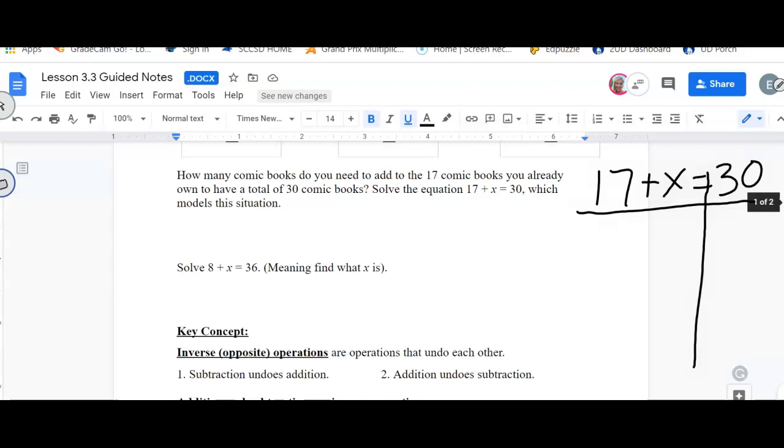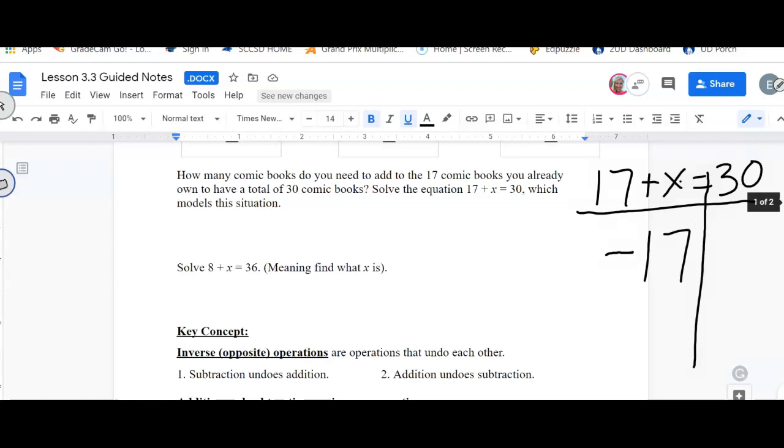Yes. But we're not there yet. What do we need to do to get x by itself? Move 17 down. And what are we going to do to that 17? We need to get rid of it, so we need to subtract 17.